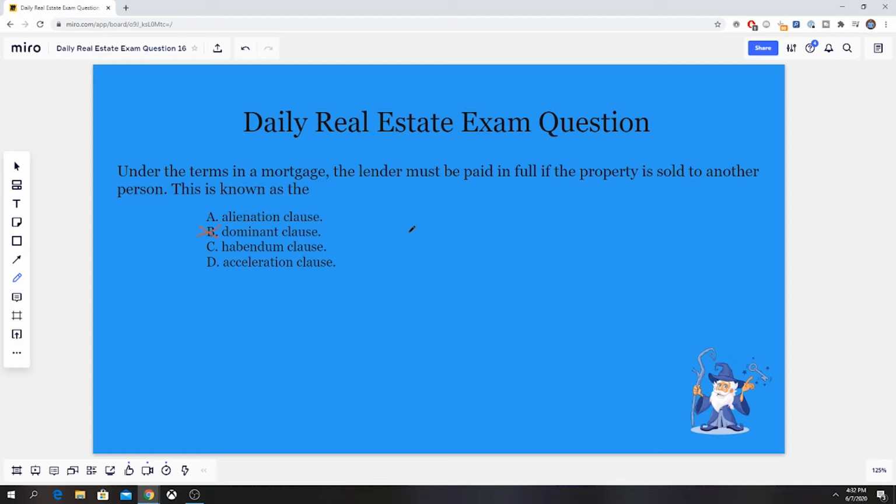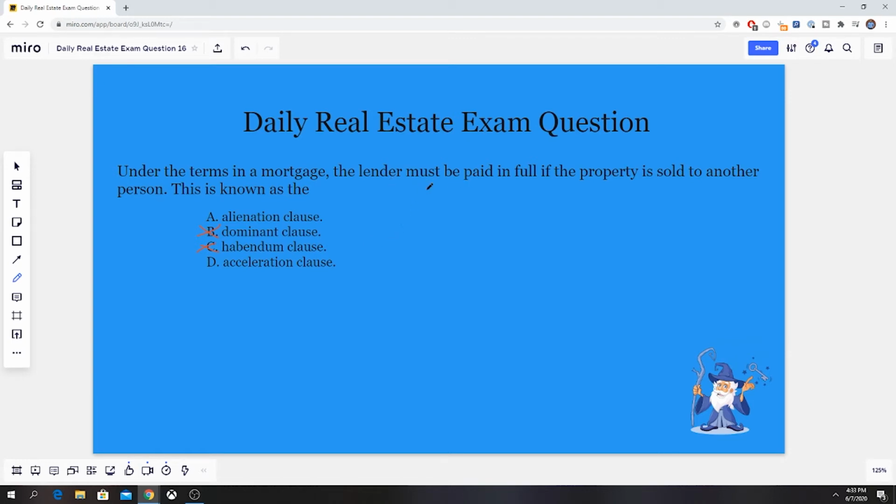They'll throw in keywords or definitions that are different and combine them with another word, but they actually don't exist. So definitely not B. And we know it's definitely not the addendum clause. Now it's really down to the alienation and acceleration clause here.